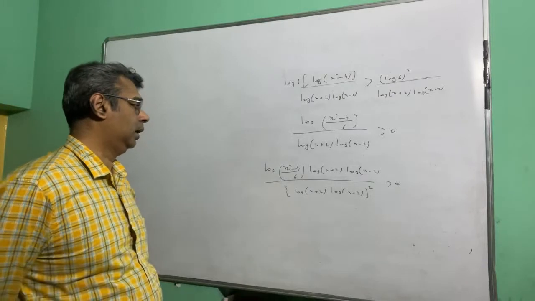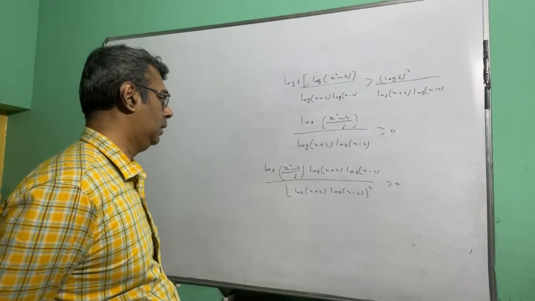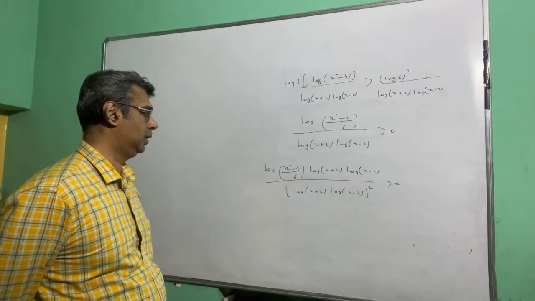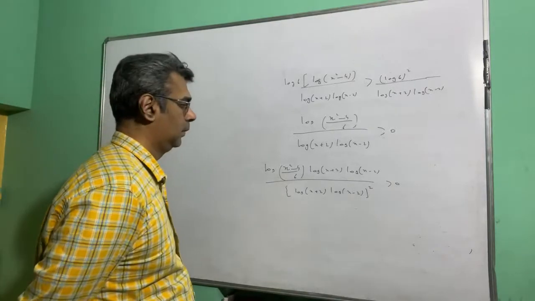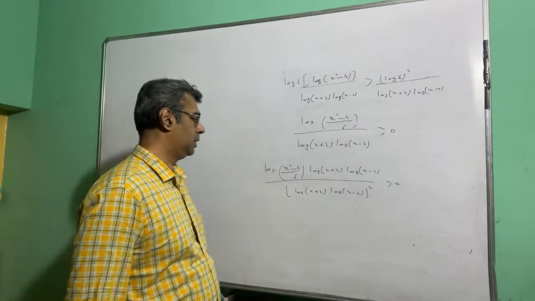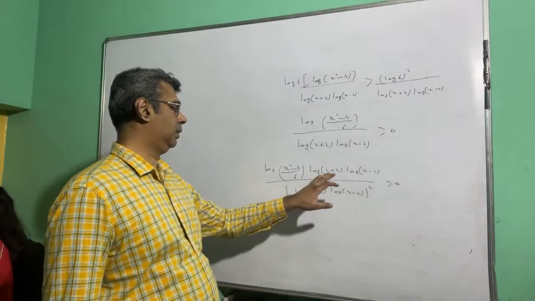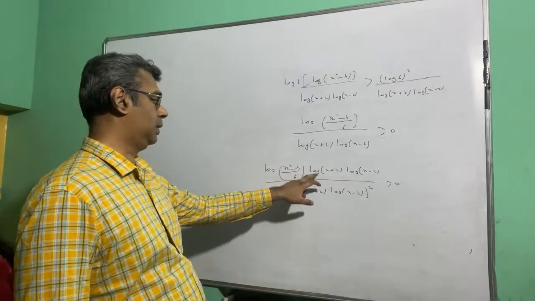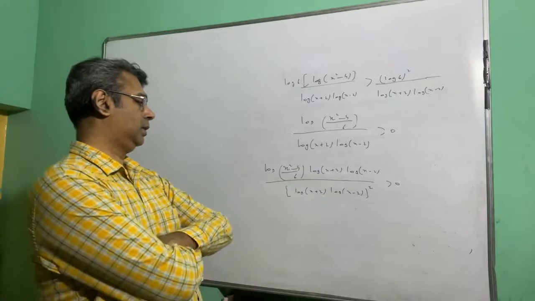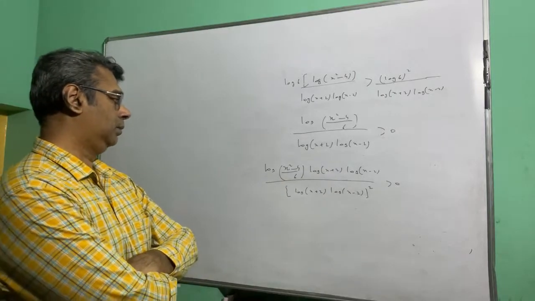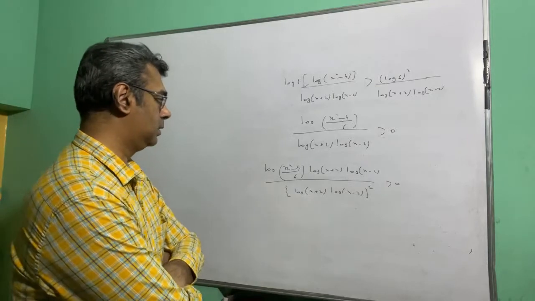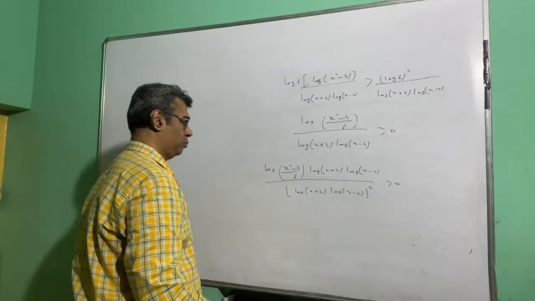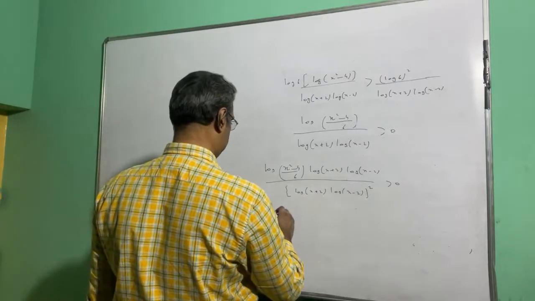Okay, now the issue is that these three numbers like log x square minus 4 by 6, log x plus 2 and log x minus 2, we can consider drawing a wavy curve.